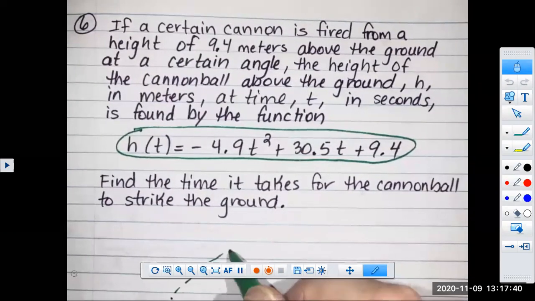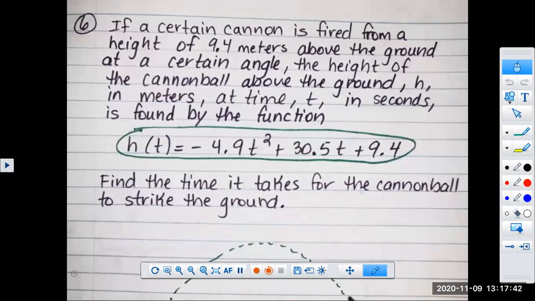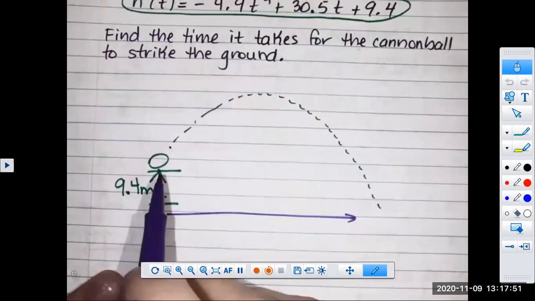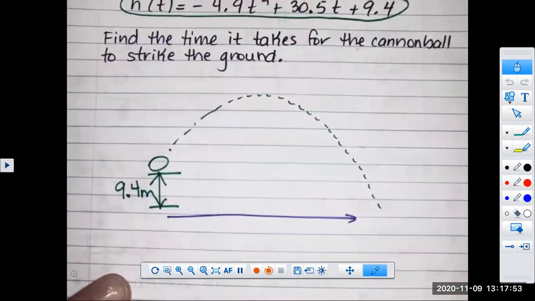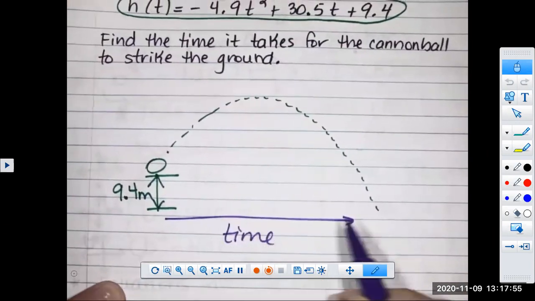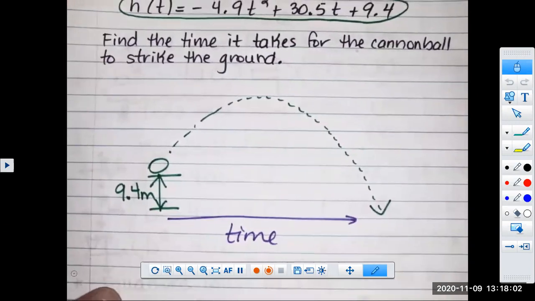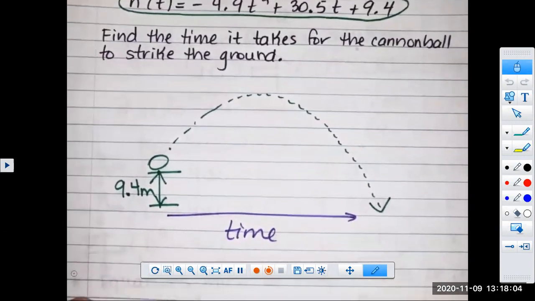And it's traveling this parabolic path, and they're wanting to know after time t has elapsed, how much time will it take for the cannonball to hit the ground? How much time will elapse before it comes back down?